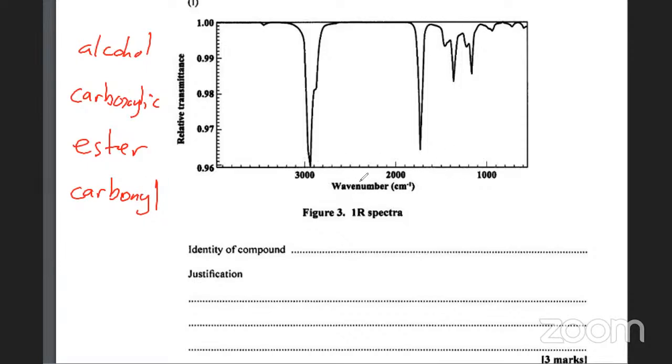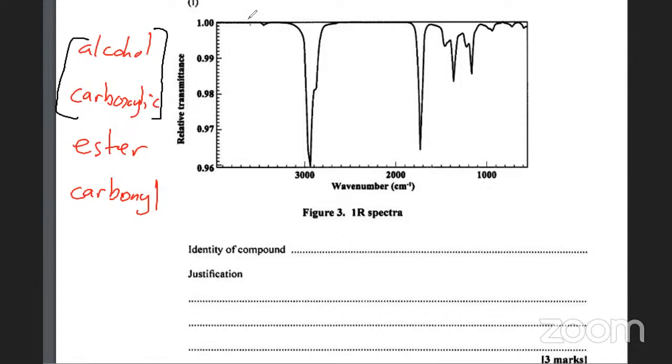Using these numbers, if you get a chart and you want to interpret it, the left-hand side of the chart is what will help you determine if you have a carboxylic acid or an alcohol. When you get up to this end, look in the region of the 3,000 mark.